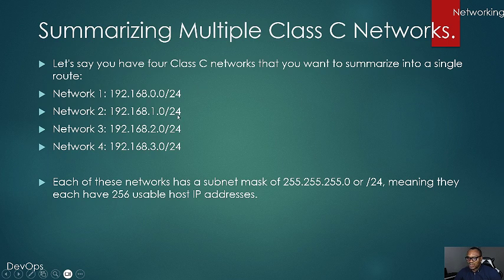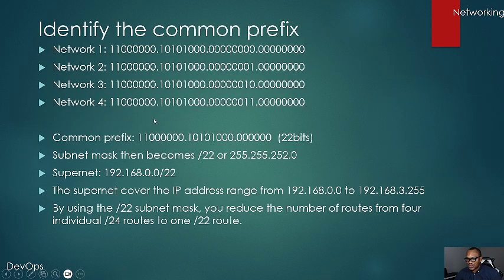First, we are lucky they all have the same subnet mask, so this will be easy. Let's look at the common prefix in each binary representation. So the binary representation of our network is this. The first thing you need to do is identify the common prefix. What is common in these IP addresses, and what is common in this binary representation?